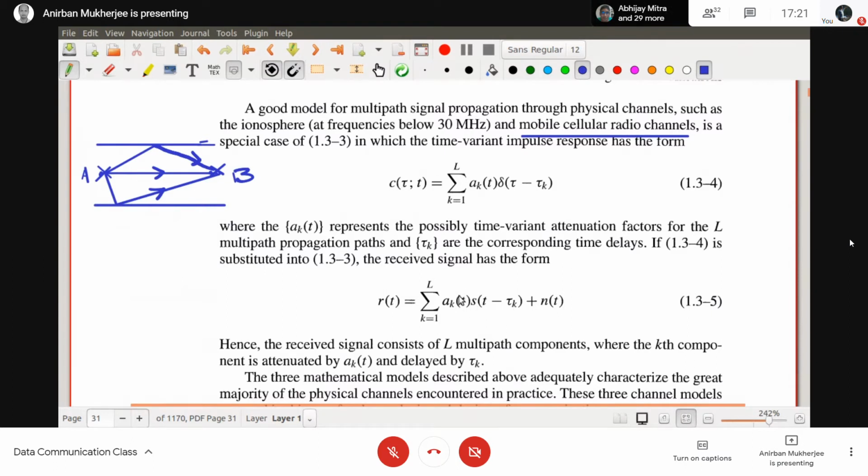The simplest case is where I remove this t dependence and the attenuation depends only on the path length, because if the path length is more, the attenuation is more due to the physical medium. Sometimes we say it is dependent on time, because in long distance communication there may be rain somewhere.